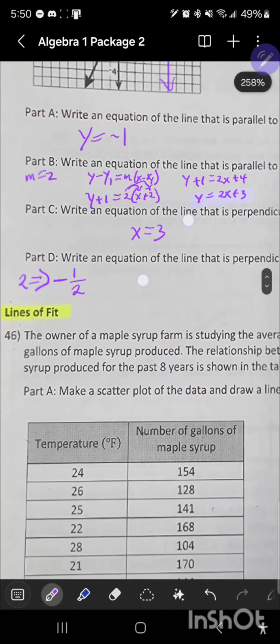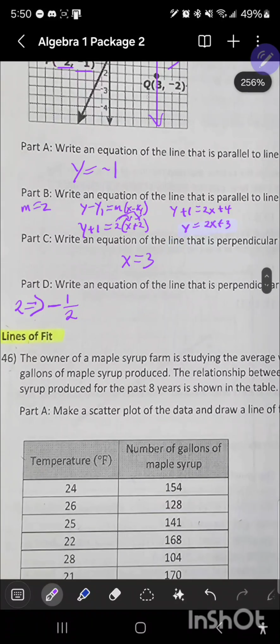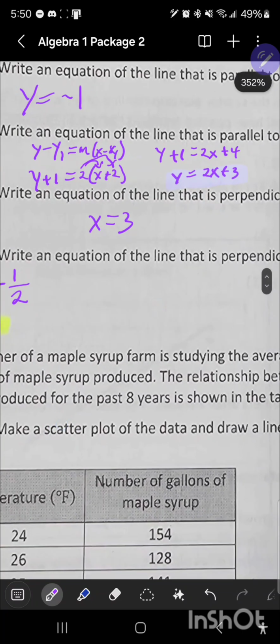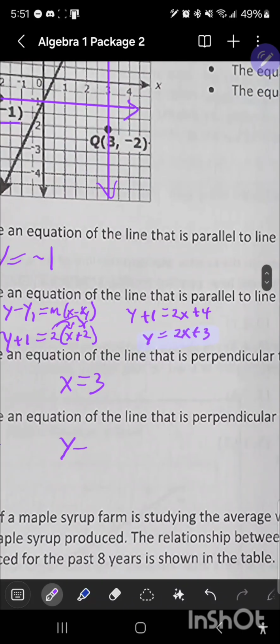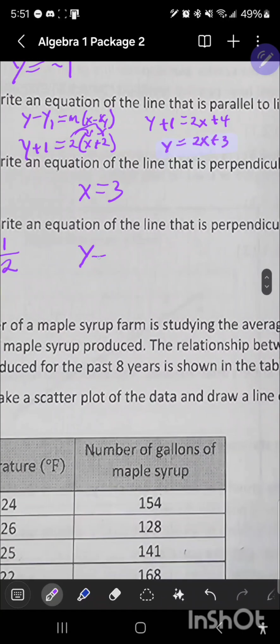Now we're good. We have our slope, and we also have our point. Our point is Q, which is 3 comma negative 2. So we can use our equation y minus y1, and I'm just going to substitute right away so I don't write this again and again. So y minus, I look for my y value, which is negative 2, so it's minus negative 2, just the opposite sign.